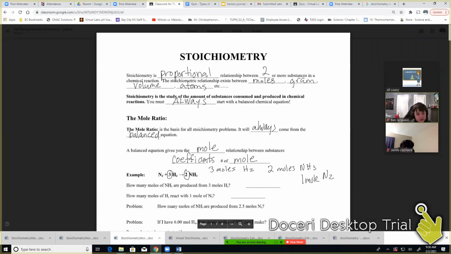So on this one, if we looked here, we said how many moles of ammonia are produced from 3 moles of hydrogen? And that's exactly what I have. I have 2 moles of ammonia being produced, and to get there, it took 3 moles of hydrogen.